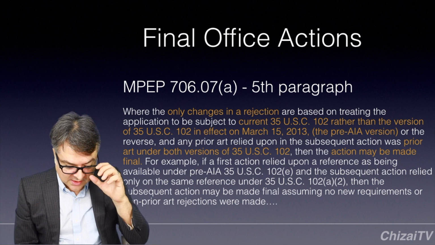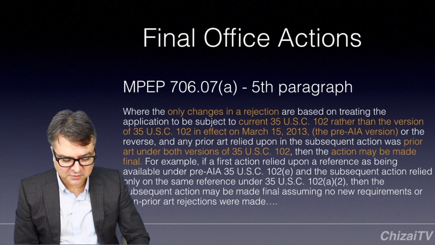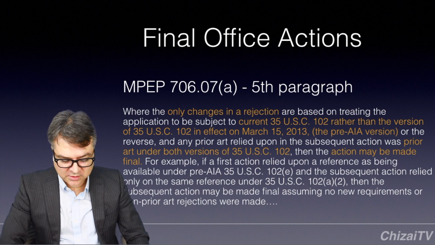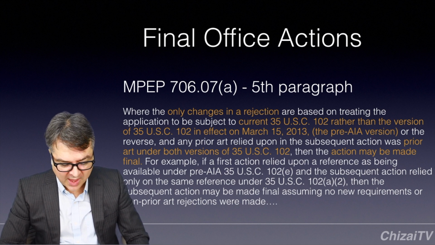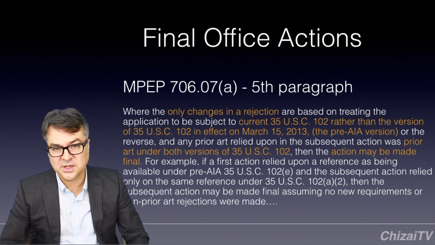So the last sentence here, for example: if a first action relied upon a reference as being available under 35 USC 102(e) and a subsequent action relied only on the same reference under 35 USC 102(a)(2), then the subsequent action may be made final, assuming that there are no new requirements or non-prior rejections that were made.